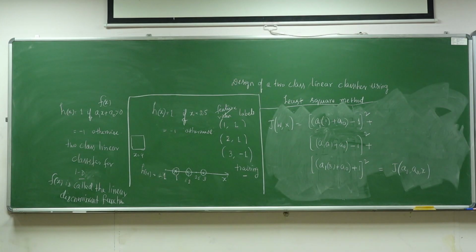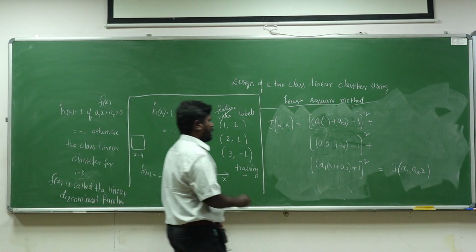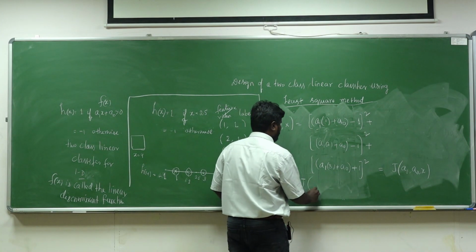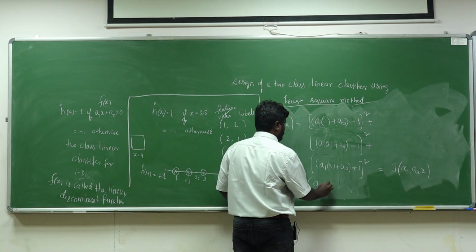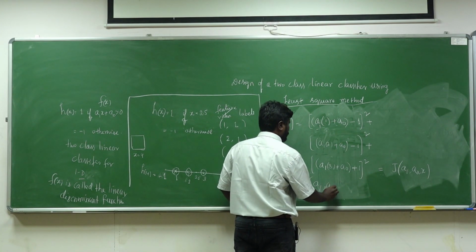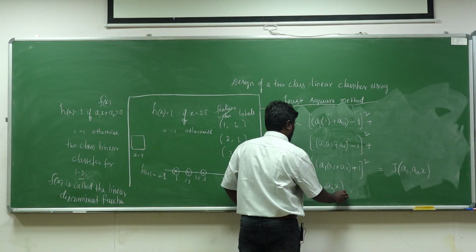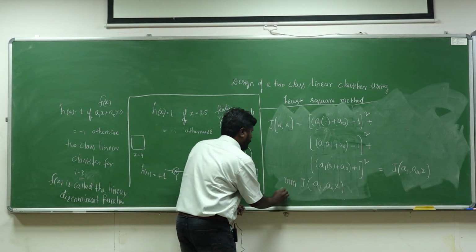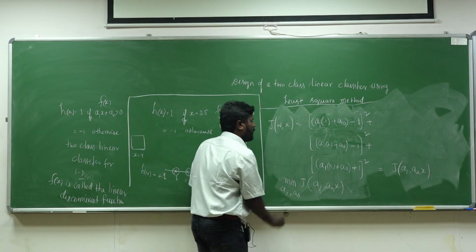Now we have to minimize this error function with respect to what? We have to minimize this function with respect to A1, A0.